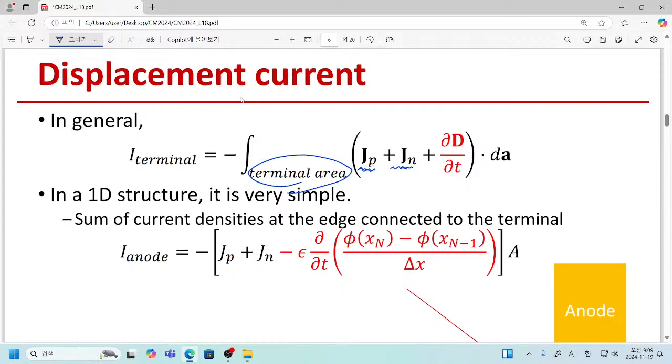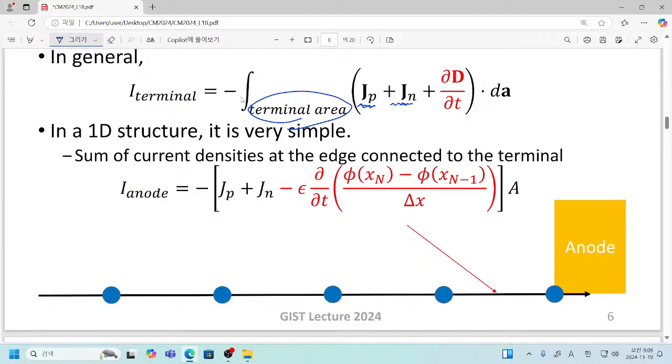So simply speaking, terminal current is obtained this way: integral of total current density over terminal area. That is the general expression for our terminal current.